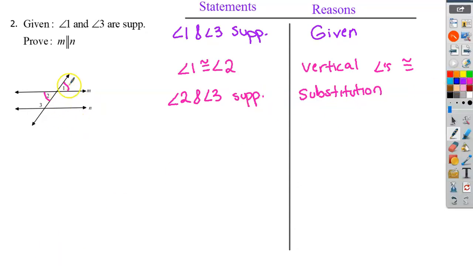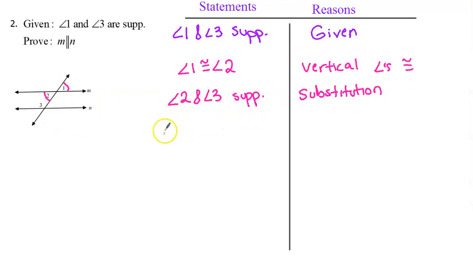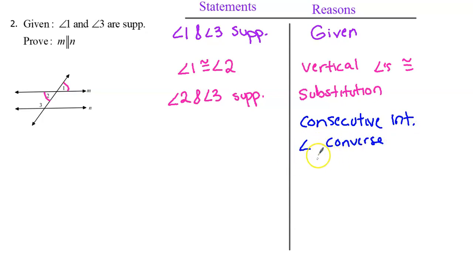Therefore, 2 and 3 are supplementary, like I just said they are, and the relationship between those two is they are consecutive interior angles. So, by the consecutive interior angle converse theorem, I can say that line M is parallel to line N by that theorem.